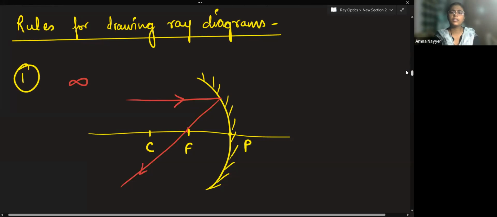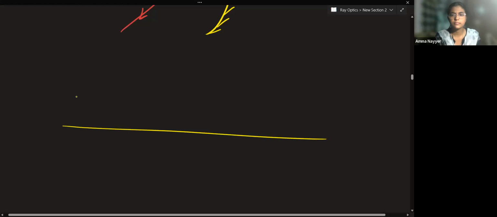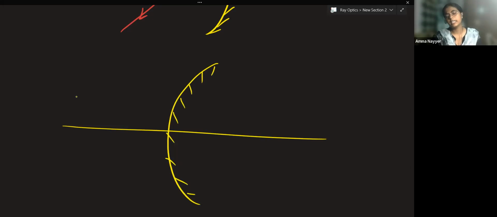Same thing, you can draw it for convex also. Even if you have a convex mirror, a ray of light will come. This will be the center of curvature, this will be the focus, this will be the pole.